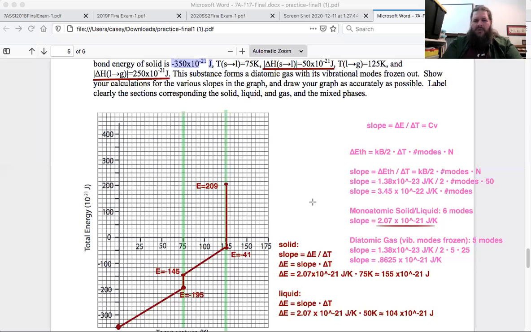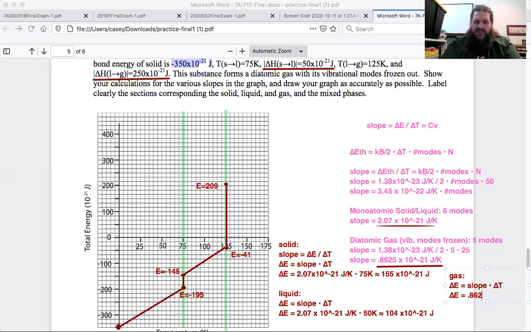And then what? If we add more energy, what's going to happen? The temperature will change. Yeah, it's now a gas and the temperature is going to rise. So we would now be using the slope for gas instead, this value, 0.8625. We can still use the same calculation for a gas. Delta E equals the new slope times the change in temperature.